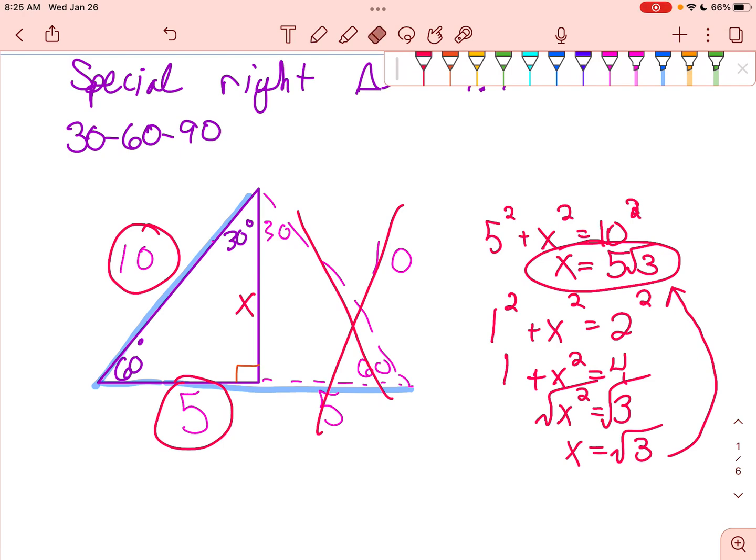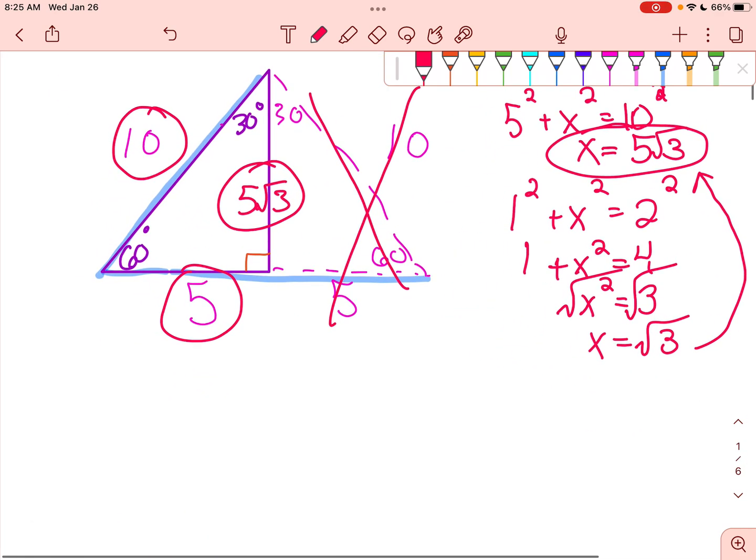Keeping in mind that we've worked with similar triangles, that's why it's so special: every 30, 60, 90 triangle has the same proportions as the one above.